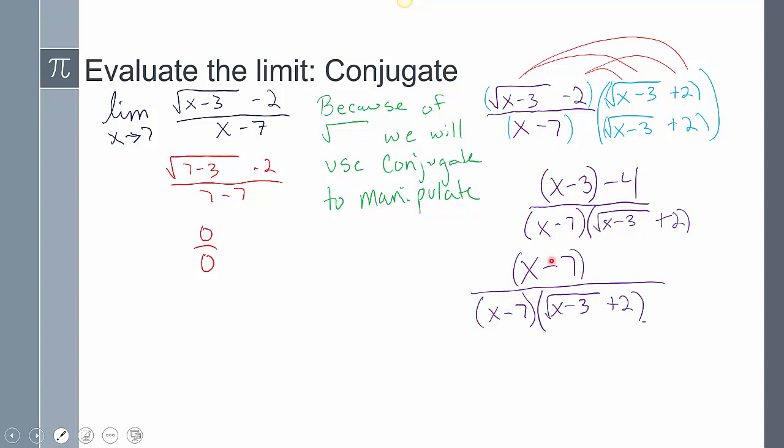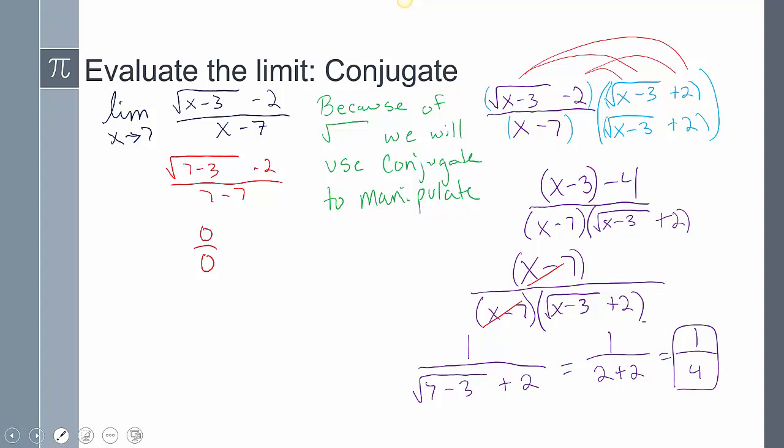Now these are factors, and those factors are going to cancel out. I'm left with 1 over square root of x minus 3 plus 2. Now evaluating, plugging in the 7 and simplifying, I'm going to get 1/4. So I can say the limit as x approaches 7 of this function is going to equal 1/4.